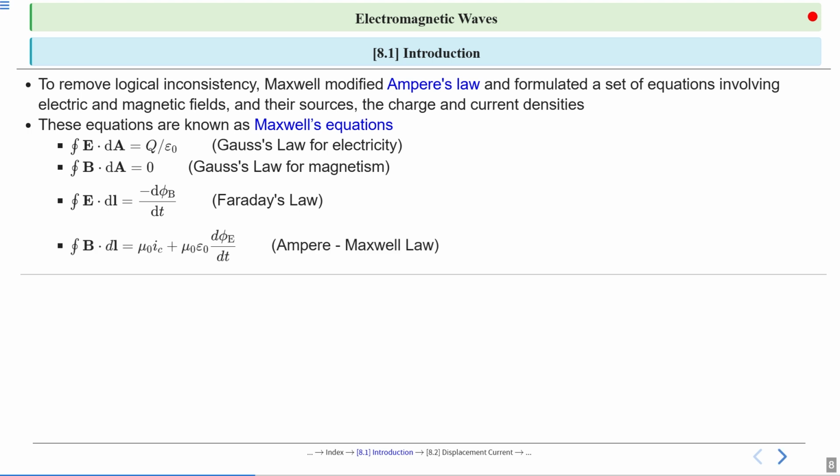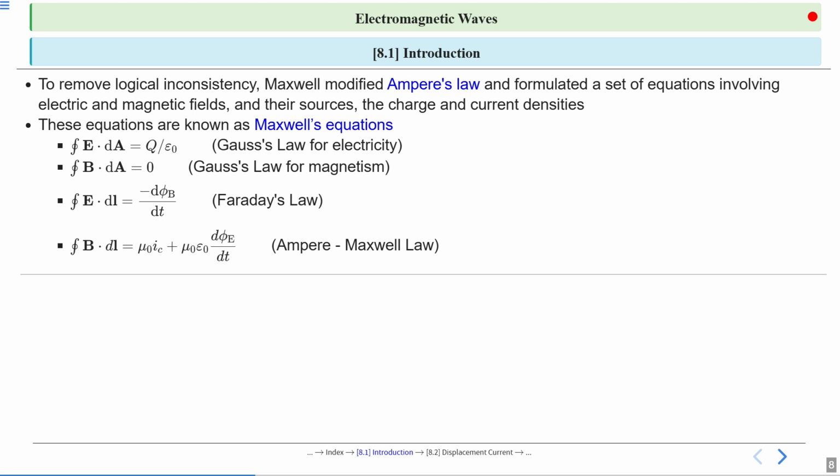And he modified Ampere's law, and the final modified law is known as the Ampere-Maxwell law. The closed loop integral of B dot dl is equal to mu naught I_C. This was the initial result for B dot dl, mu naught I_C only. I_C is the conduction current that is flowing through the wire.